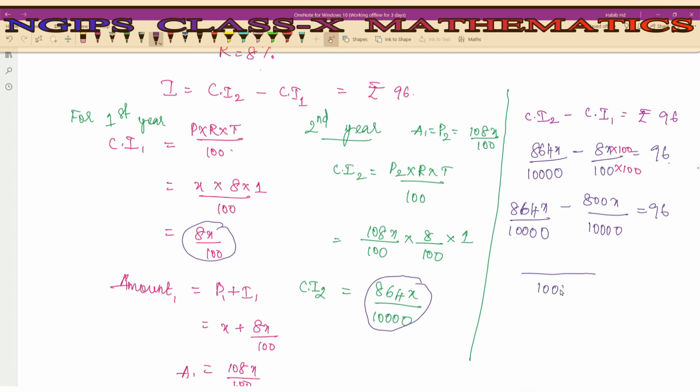So I can take the denominator common, 864x minus 800x is equal to 96 rupees. If you subtract, you will get 64x is equal to 96 into 1 followed by 4 zeros, so x is equal to 96 into 10000 divided by 64.